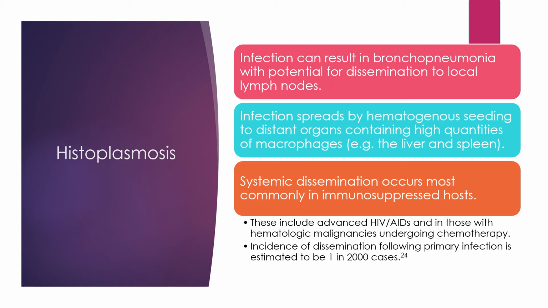Systemic dissemination occurs most commonly in the immunocompromised host. As with Cryptococcus, it's commonly HIV/AIDS patients, those that are organ transplant or stem cell transplant recipients, or those that have hematologic malignancies undergoing chemotherapy. Incidence for dissemination is 1 in about 2,000 cases.